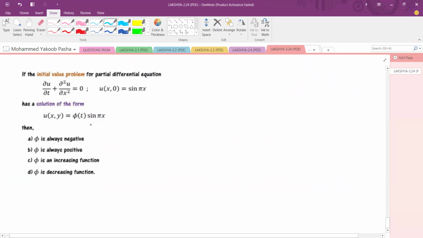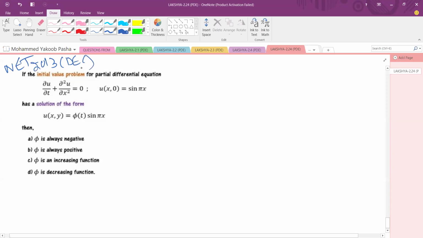Then we have four options: φ is always negative, φ is always positive, φ is an increasing function, φ is a decreasing function. This is a CSIR NET December 2013 question.